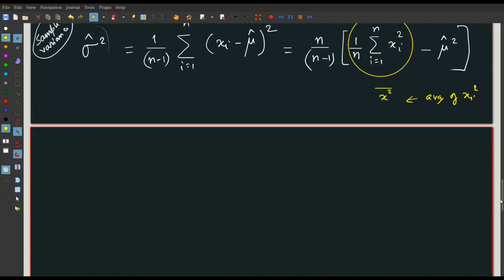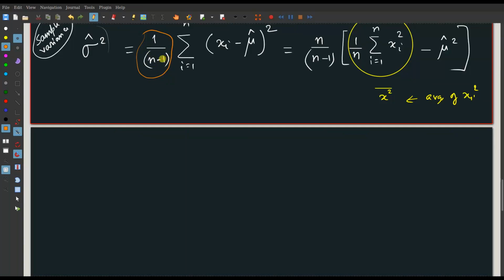Now notice that the factor is 1 over n minus 1. You might be tempted to think, why do I not write 1 over n? If you write 1 over n here, that would be another estimator for variance, or for something else, if you are comparing it with variance. So if you put 1 over n here instead of n minus 1, then it would be another estimator for that variance. Nobody forced you to do this.